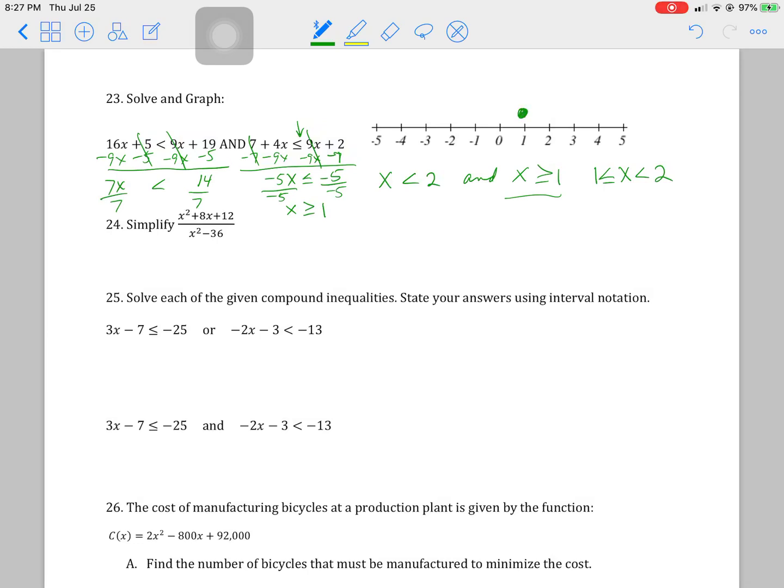So dot-wise, it's a solid dot, greater than or equal to, so it's going that way. And then the 2 is an open, or a soft, bracket. Okay, so this is going to be 1, 2, like that.